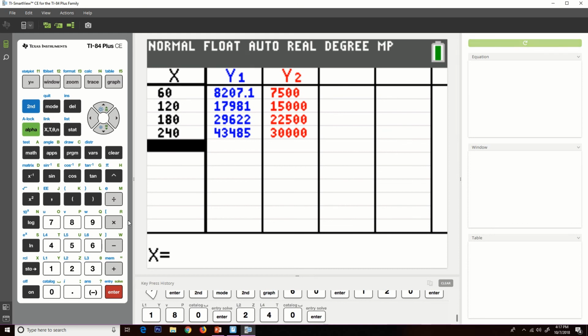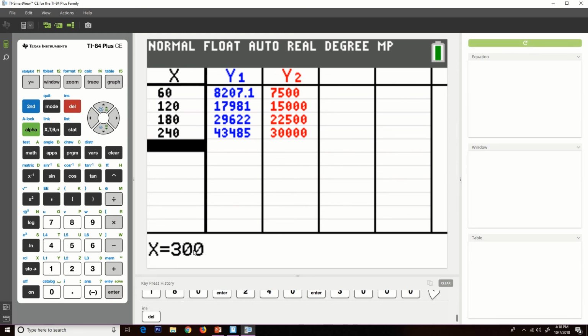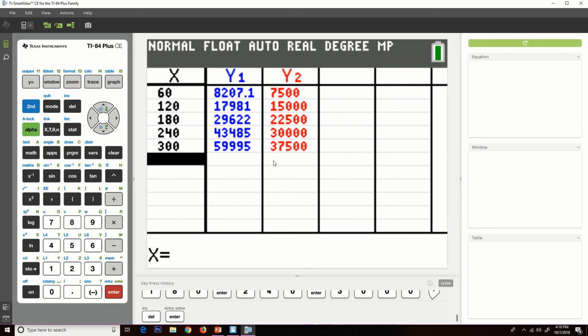Then another 60 would be 300 months, that would be doing this for 25 years. We have $37,500 saved and almost $60,000 in the bank. Then another 60 months, so this would be 30 years.